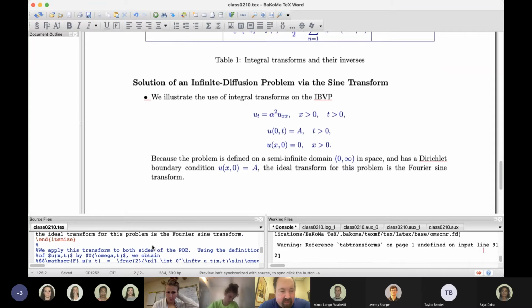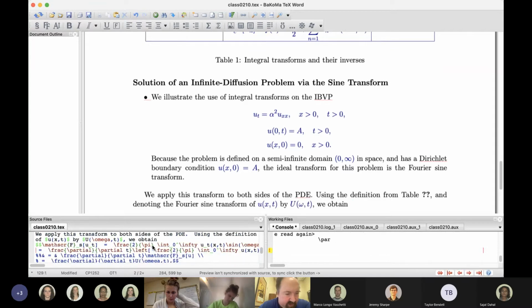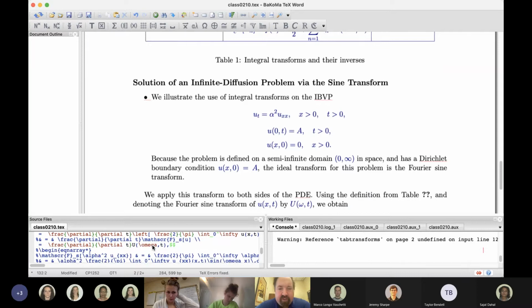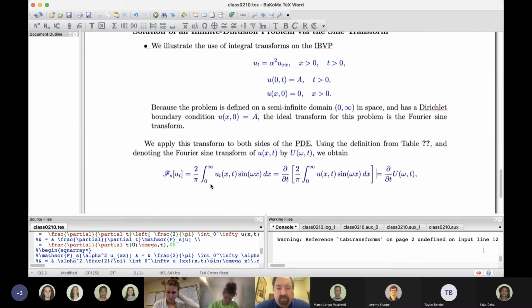Okay, so how does this work to actually carry out the transform? What you do is you take the transform of both sides of the PDE. What I'm doing right now is just the left side.